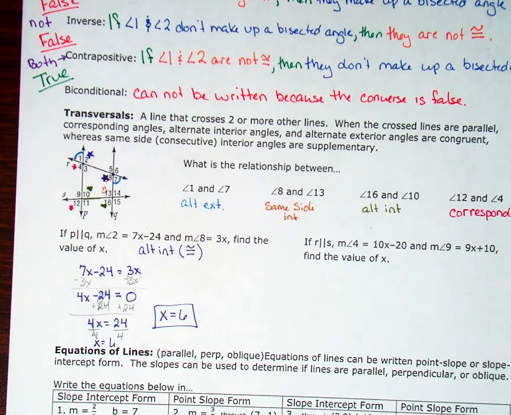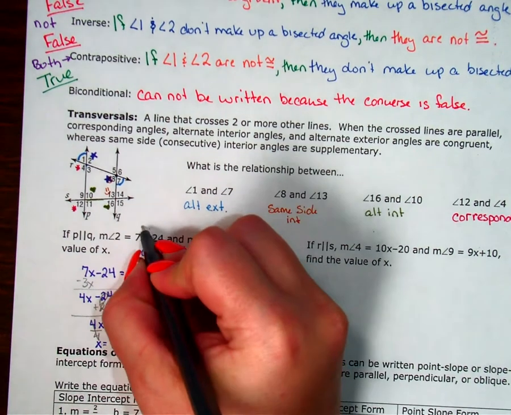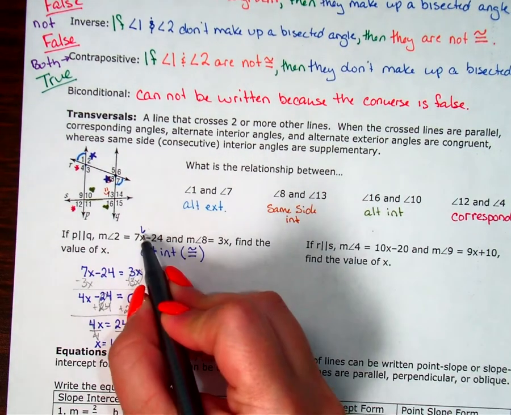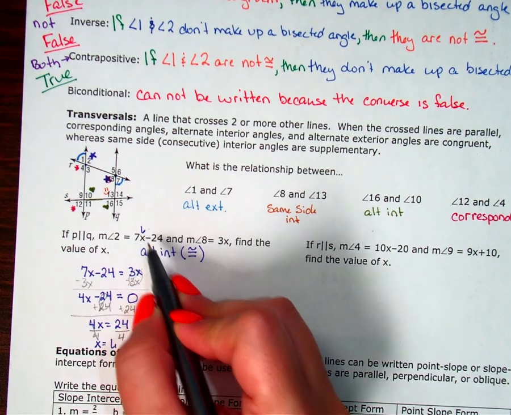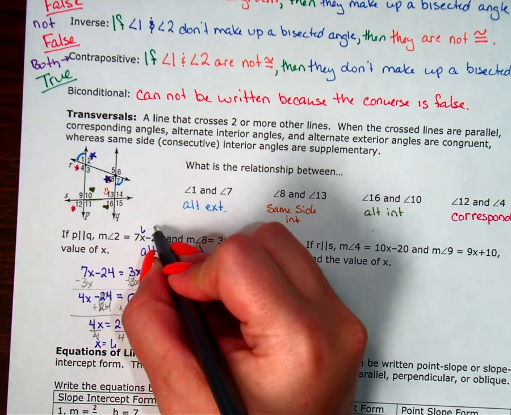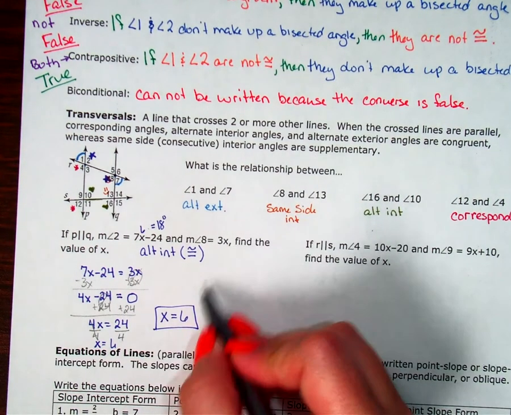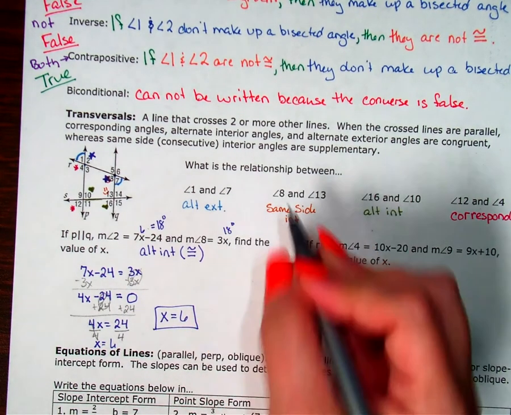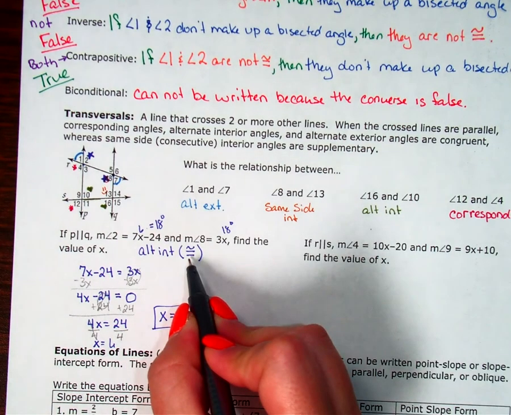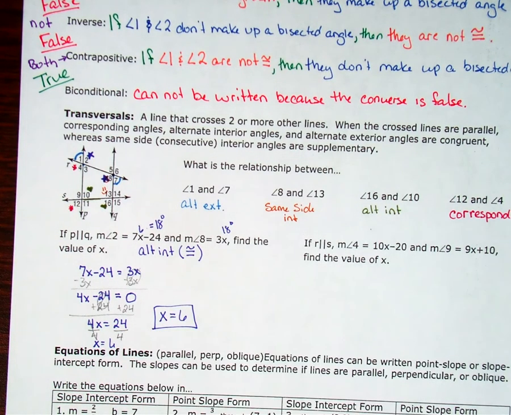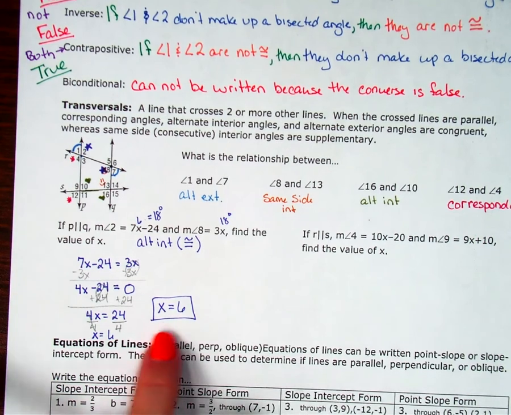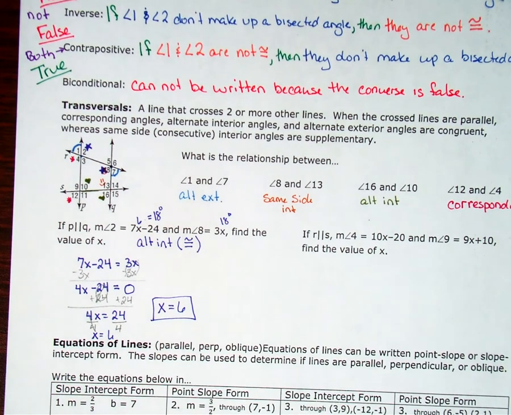When we plug that 6 in, I would do 7 times 6 minus 24. 7 times 6 is 42, minus 24 is 18 degrees. 3 times 6 is also 18 degrees. So those two angles do have congruent values, and we can feel confident that x really is 6.